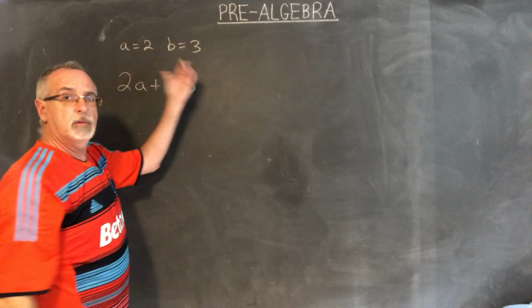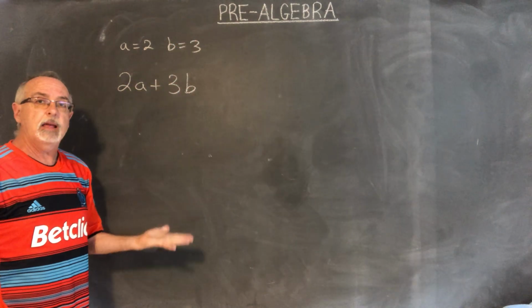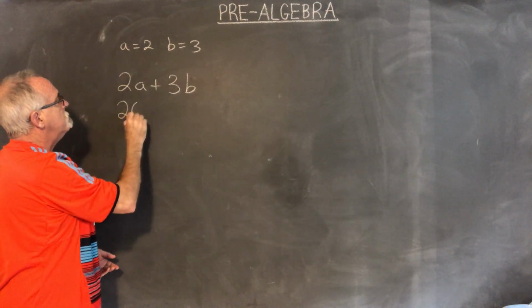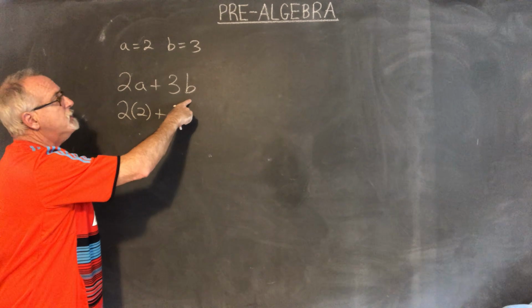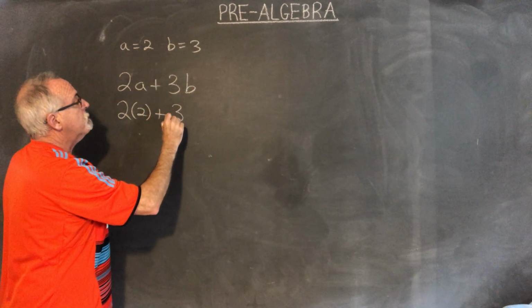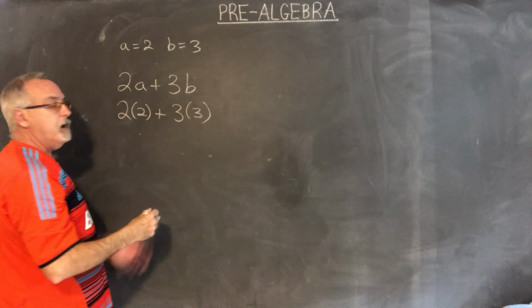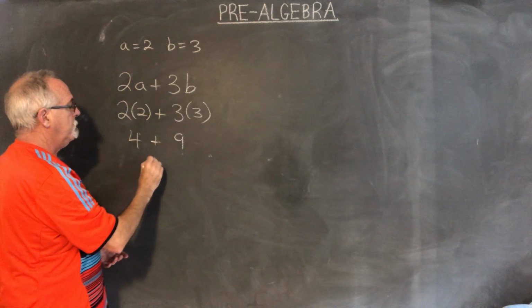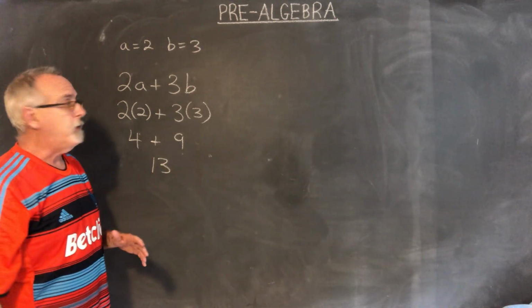Okay, so if a is equal to 2 and b is equal to 3, I'm doing the same thing. I'm substituting this a for that 2, so I have 2 times 2. But I'm not putting a 2 here because this is a b, and b is not equal to 2, b is equal to 3. So I have 3 times 3. And now I can simplify. 2 times 2 is 4, and 3 times 3 is 9, and 4 plus 9 is 13.